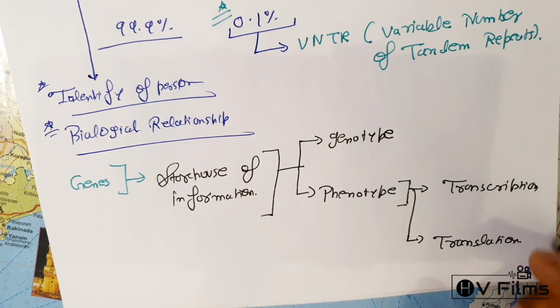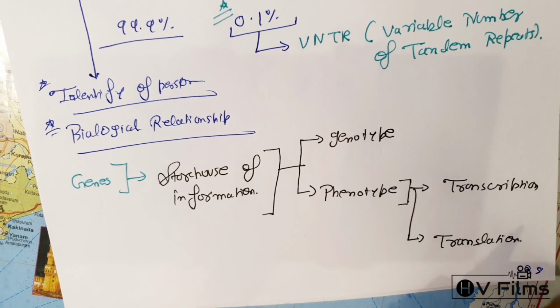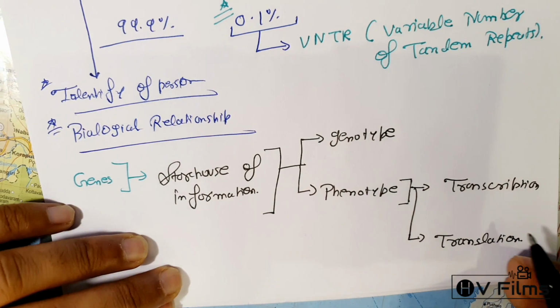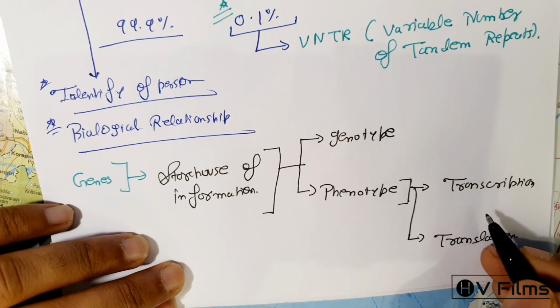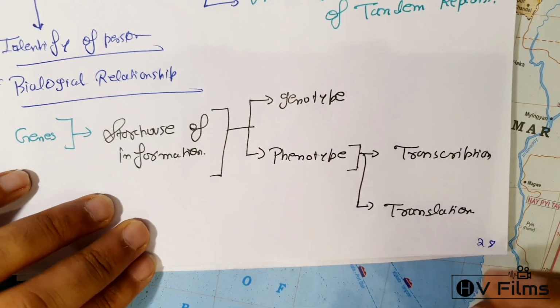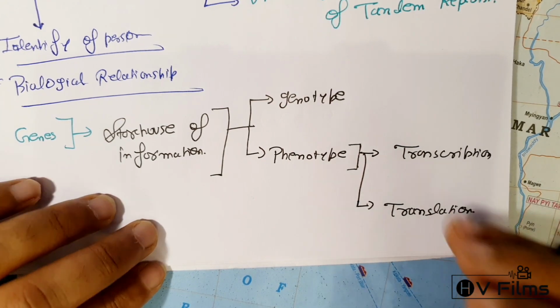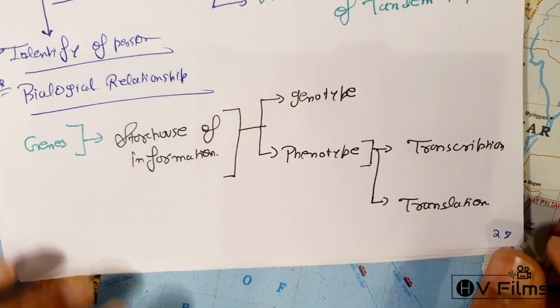And translation is the process in which that copy is used to direct the production of the protein. So we can say that transcription is regarding the gene's base sequence, and translation is regarding the production of the protein, how it should be. So this is basically about the genes itself.